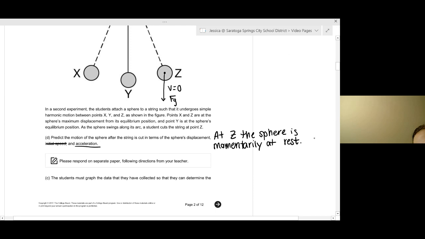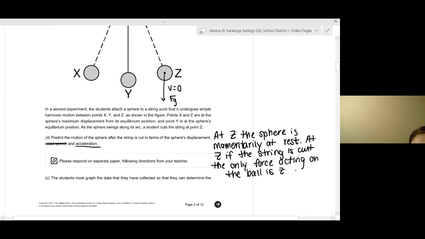So at Z, if the string is cut, the only force acting on the ball is gravity.